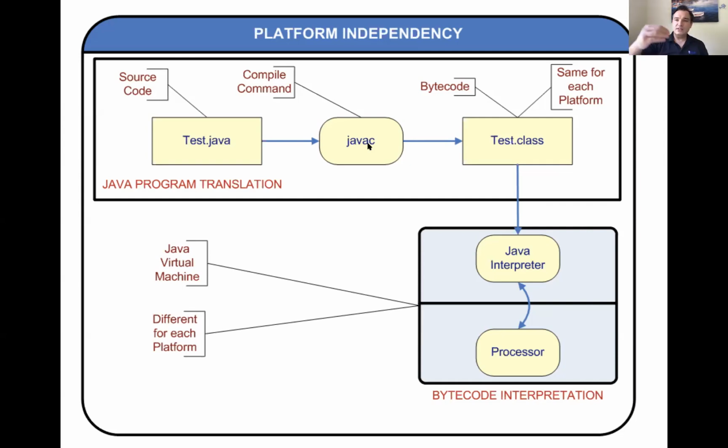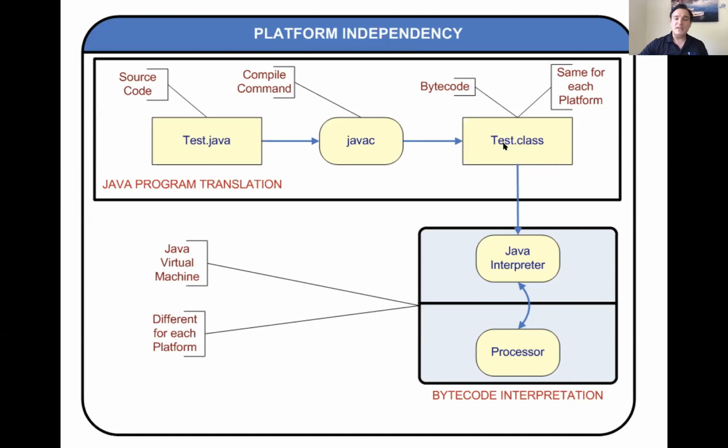And then instead of creating an executable program for the underlying operating system, Java creates an intermediate code for you. And that code is called bytecode. And the extension is class. So you write your program, you compile it, you don't get an executable program, but you get an intermediate level program, which is called test.class, assuming the name of your program is test.java.